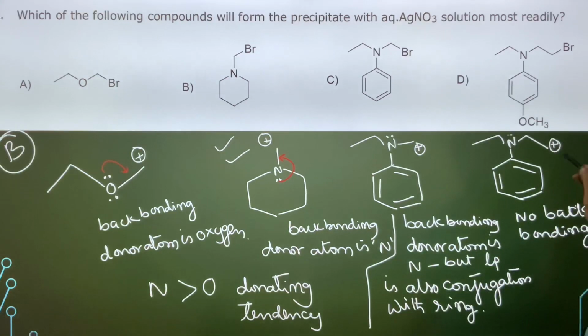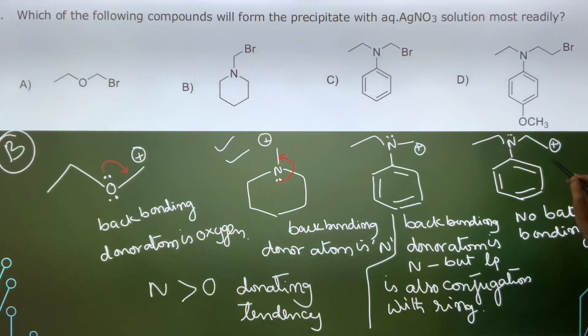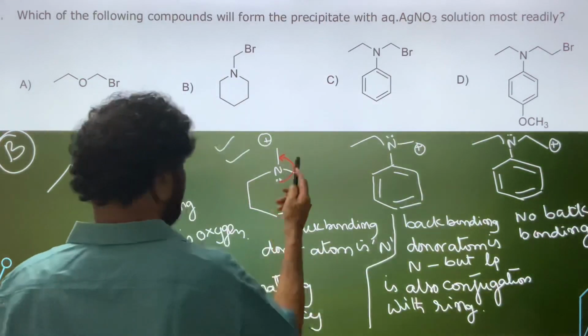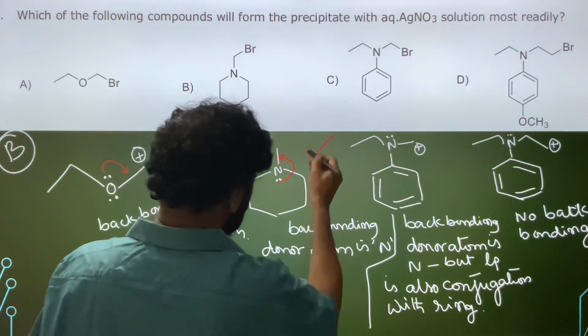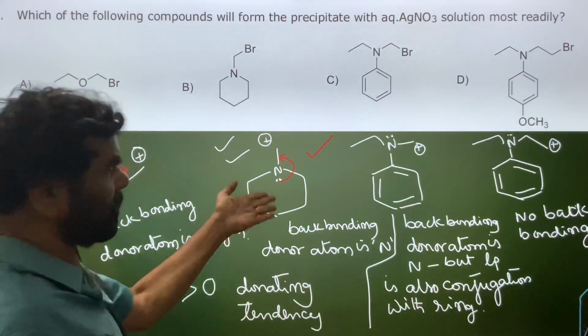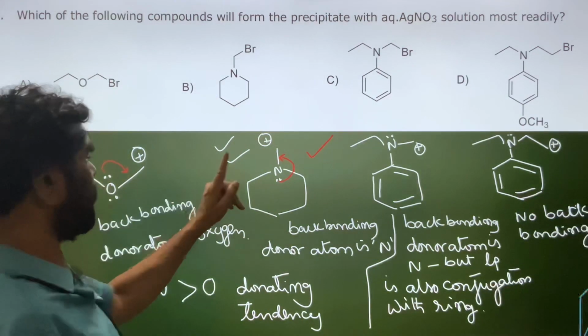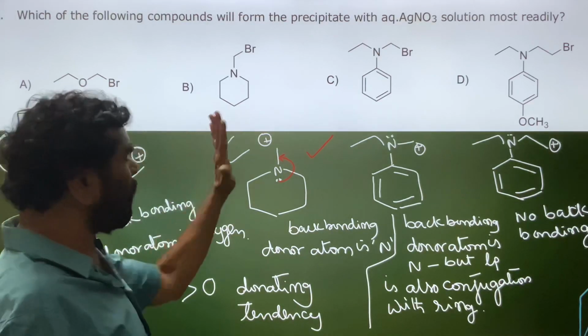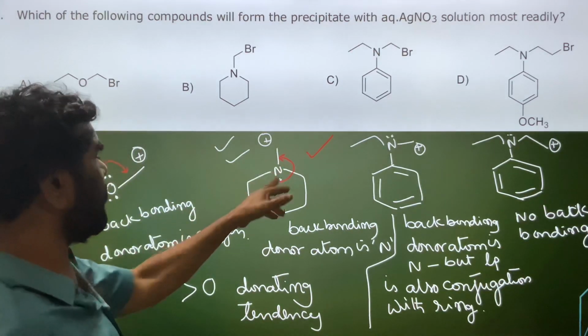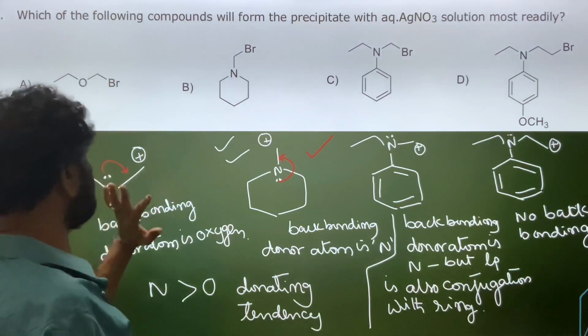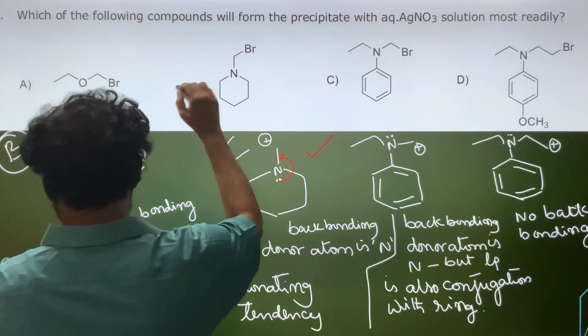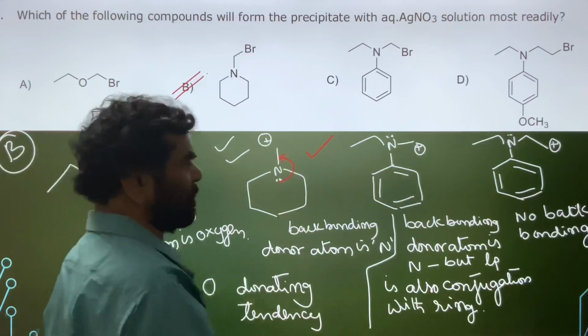No back bonding phenomenon here. So this carbocation that we are writing is more stable because of the nitrogen donor, compared to oxygen. Nitrogen is the better lone pair donor because after donating it gets the positive charge. Oxygen cannot tolerate that. Therefore, B is the correct option for this.